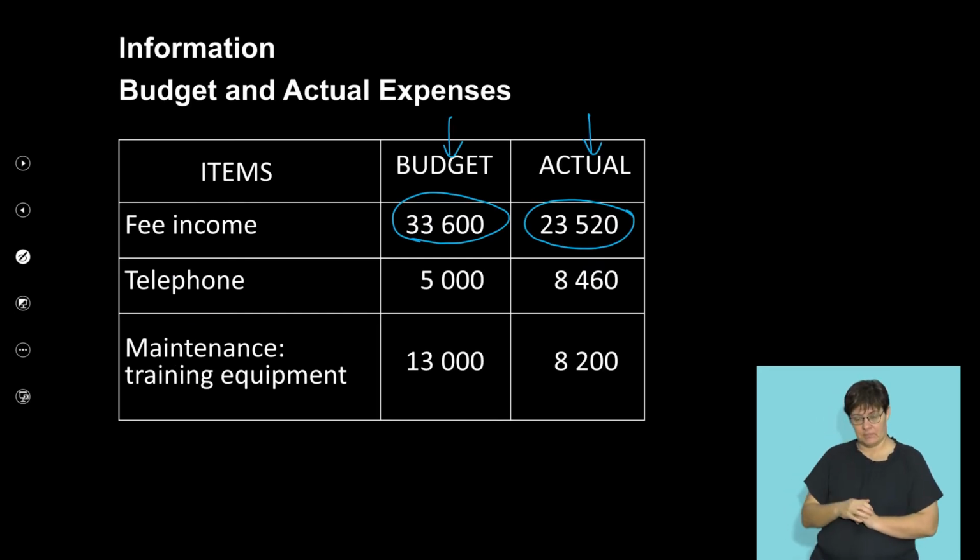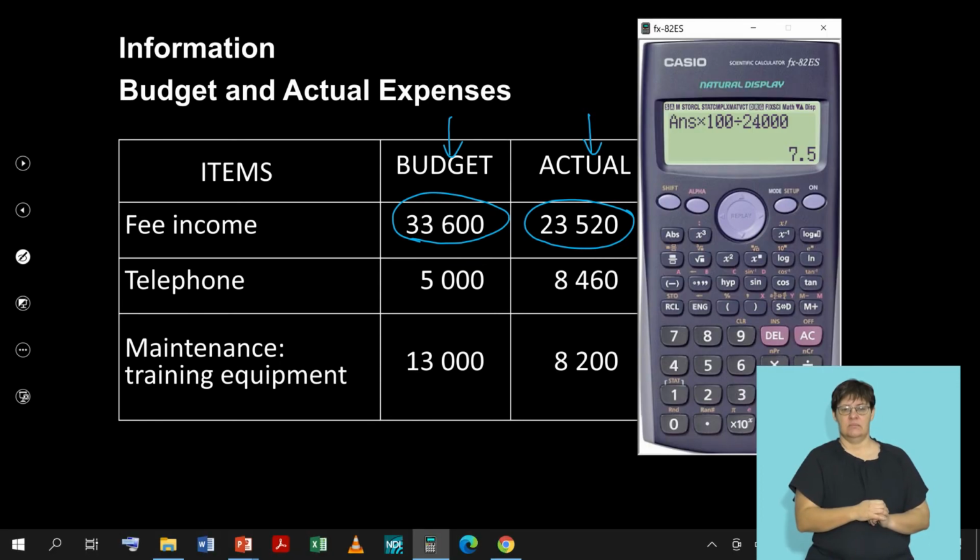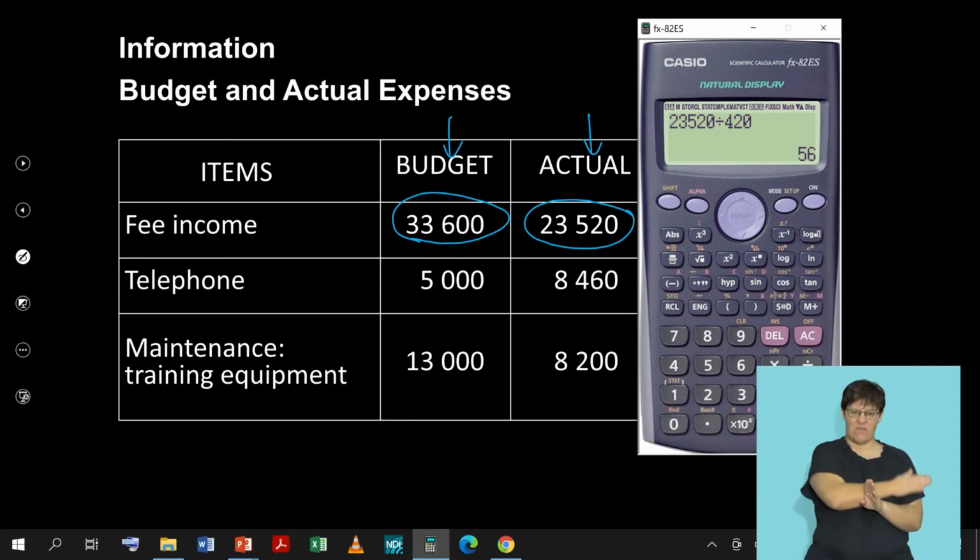Look at this here. If you take your actual figure of 23,520, let's take that figure, 23,520 divided by 420, and you can see that only 56 of the 80 members, remember we had a total number of 80 members from the previous part of the question.